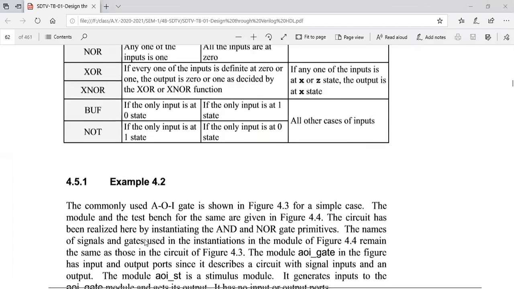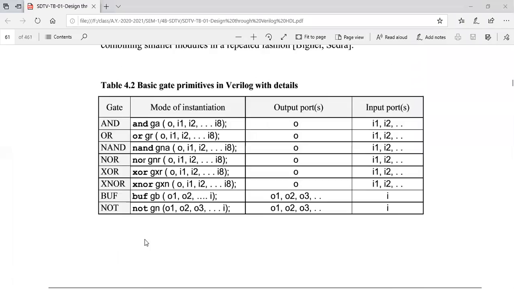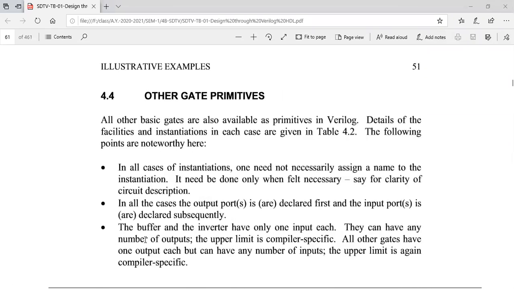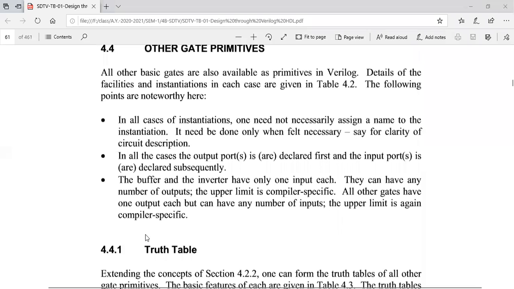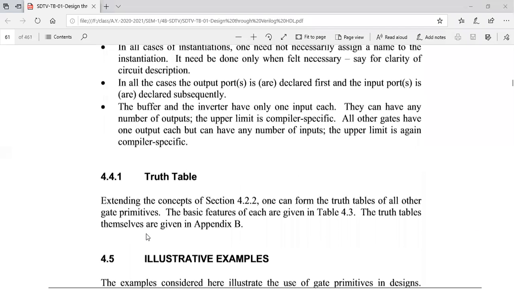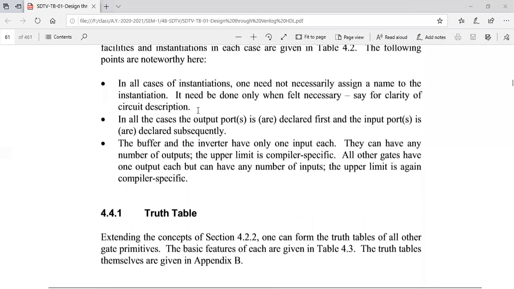So this is the simple example. These things we already have seen. First there should be the output, and only then the input ports.